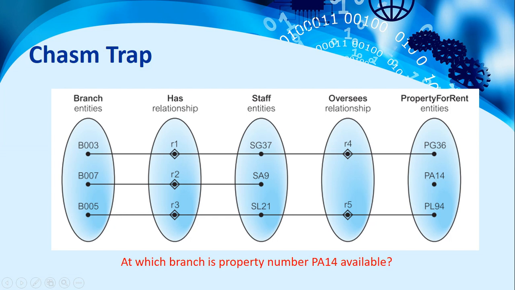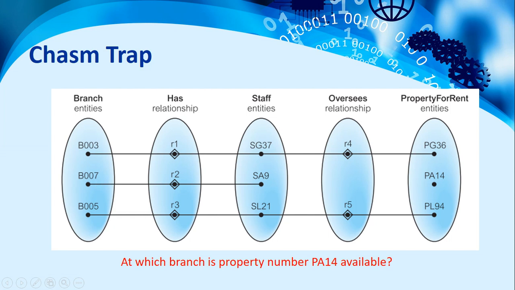So we are unable to answer this question, as this property, ito nga property na to, is not yet allocated to a member of staff. Hindi pa siya in-oversee ng isang staff, that is working at a branch.